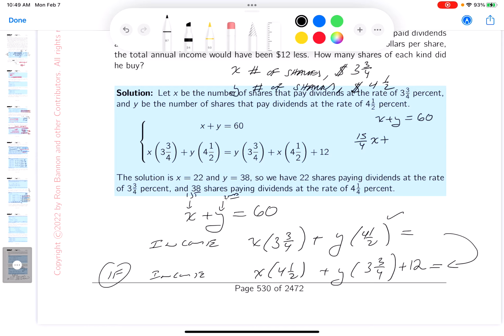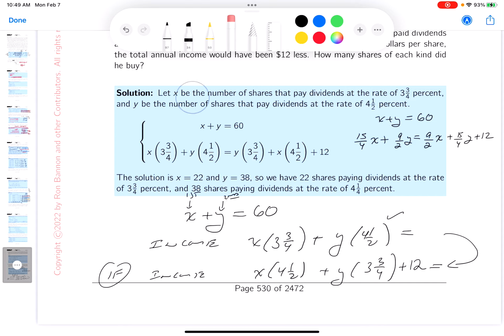And 4.5 would be 9 halves. That would equal 9 halves of an X, and then 15 quarters of a Y, and plus 12. All right, I'm going to erase all my work over here. I'm kind of done with it.